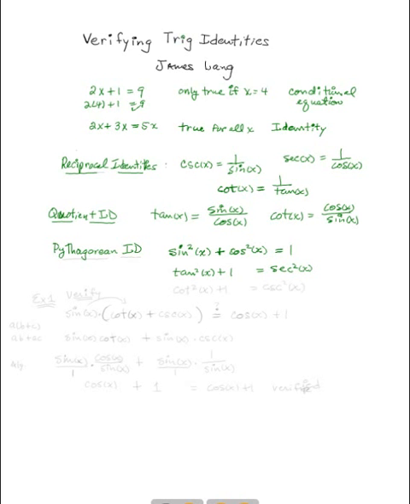Then you have sine squared over cosine squared in the first term, but sine over cosine is just tangent. That's where the tangent squared comes from. And if you divide the second term by cosine squared, you get cosine squared over cosine squared, which is 1. And on the right-hand side, 1 over cosine squared is secant squared. So if you knew one of these, you could figure out the others.